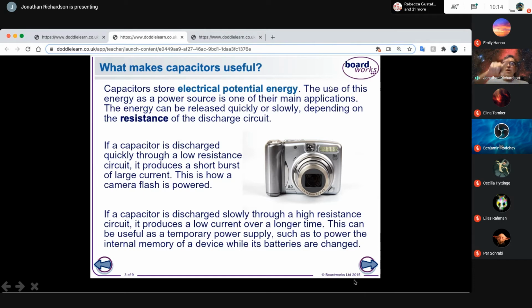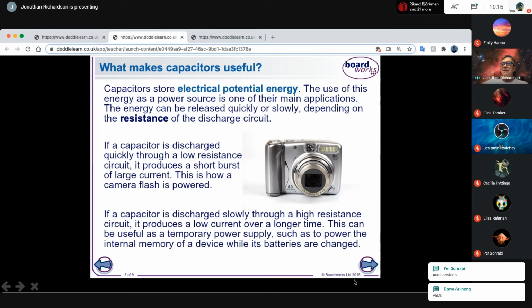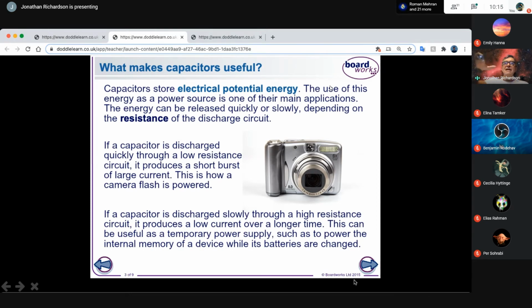I apply an alternating current which goes positive, negative, and so on, and we provide 12 volts to that capacitor. It keeps that voltage at a constant level, and they're what we call smoothing capacitors. Audio systems, absolutely. Yeah, all these things make sense. Glad that you've got some grasp on them.